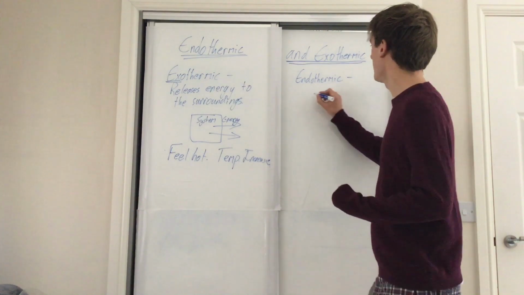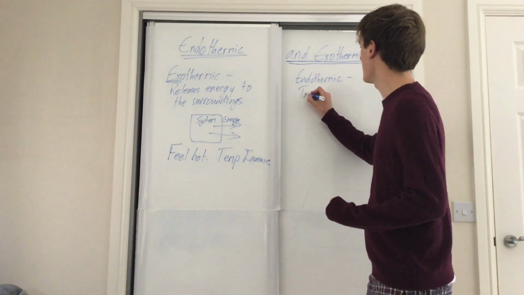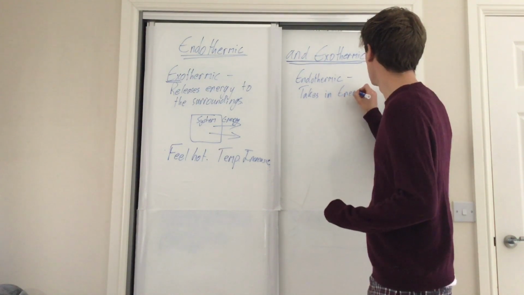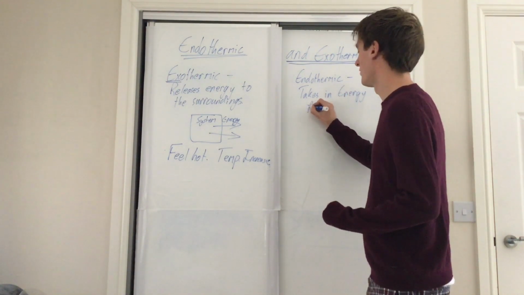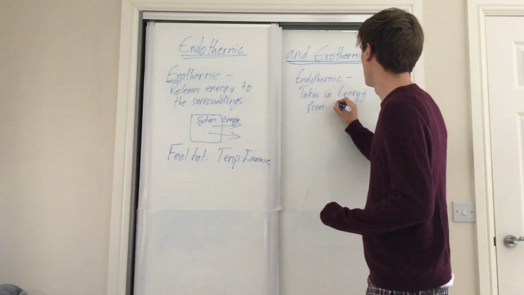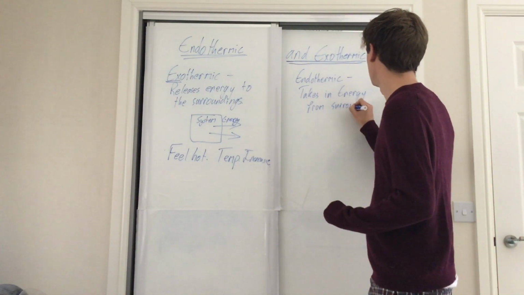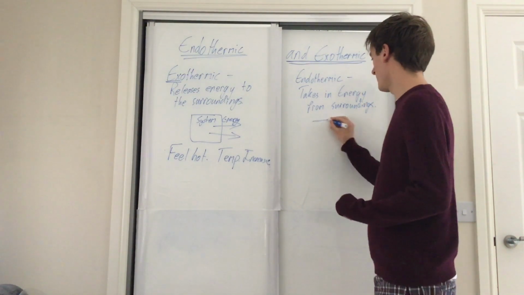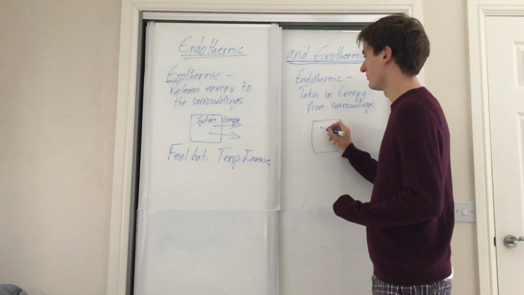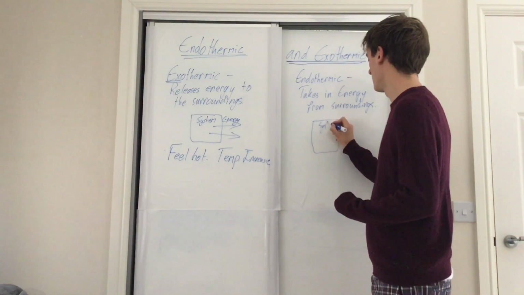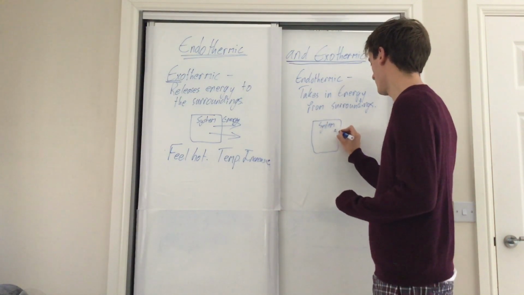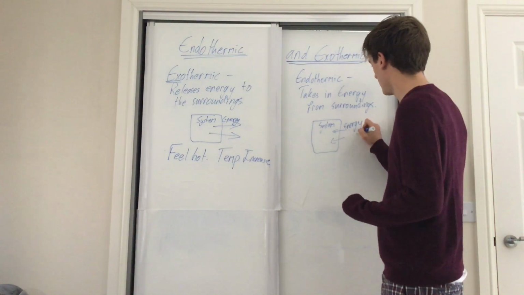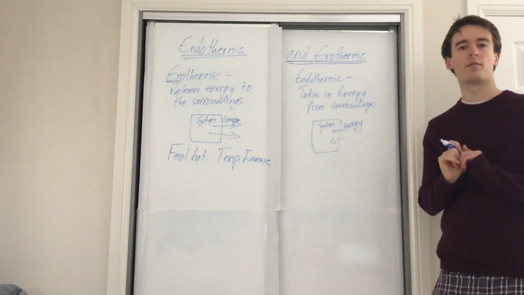And an endothermic takes in energy from the surroundings. So if I was to draw the same chemical system, I'd show the energy coming in as energy coming into the chemical system.